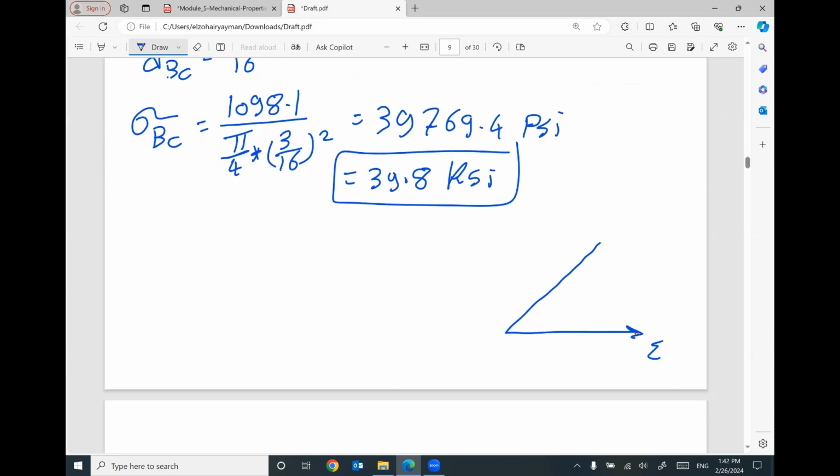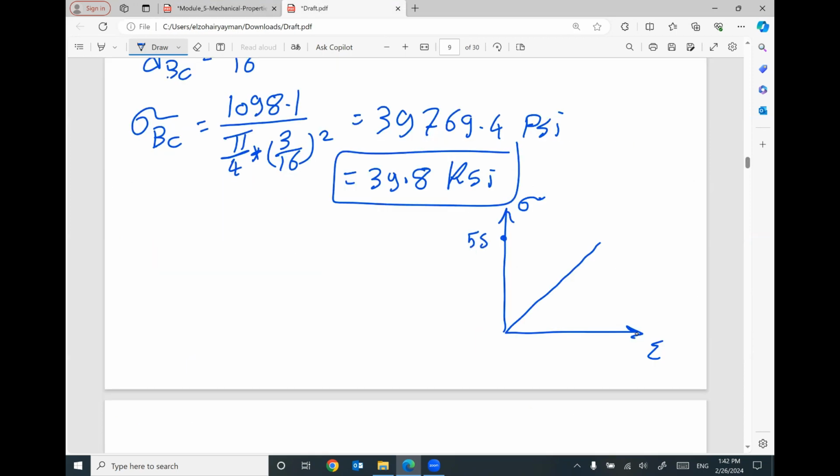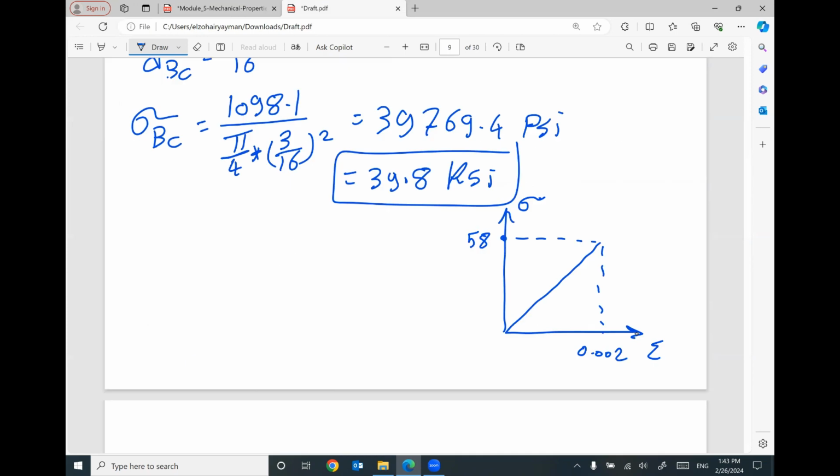Here is strain, here is stress, and we have the value here equal, I think, 58, and the corresponding strain here equals 0.002. Is that correct? Yes. So right now, we have a stress level of 39.8. What will be the corresponding strain?